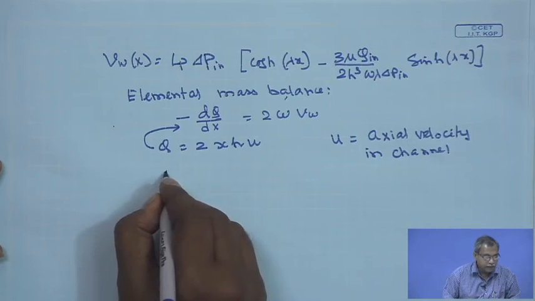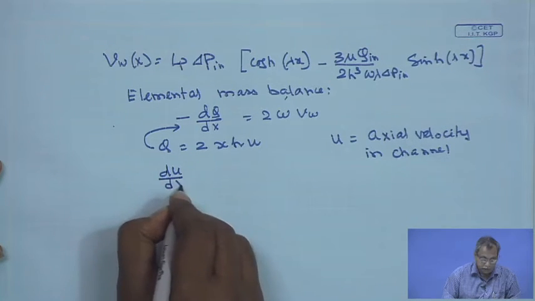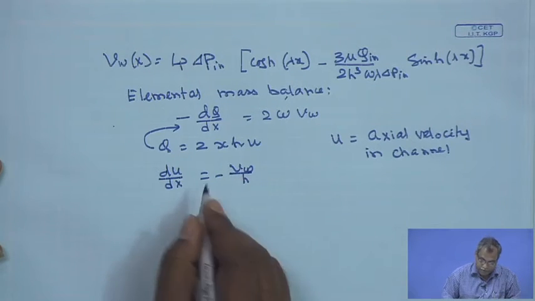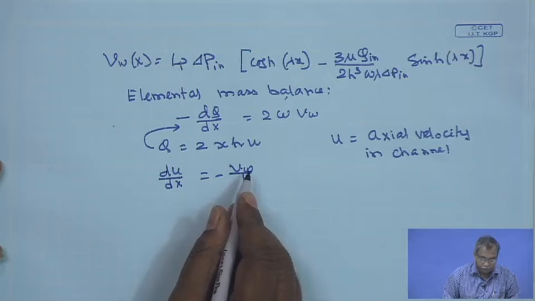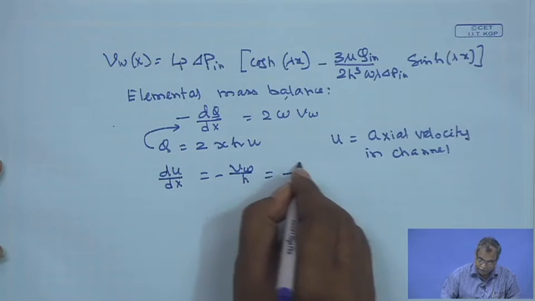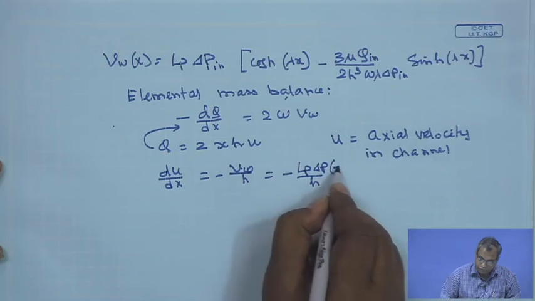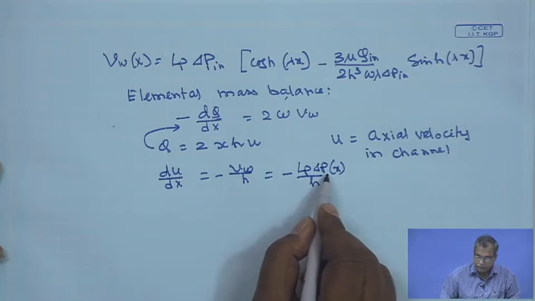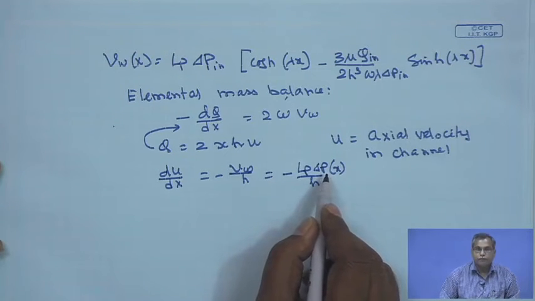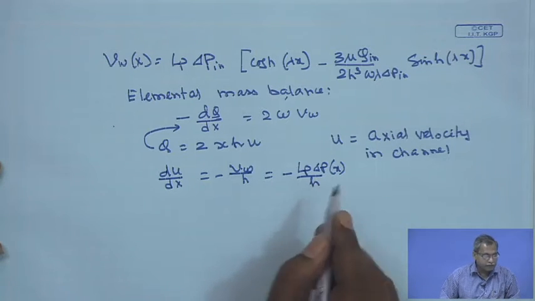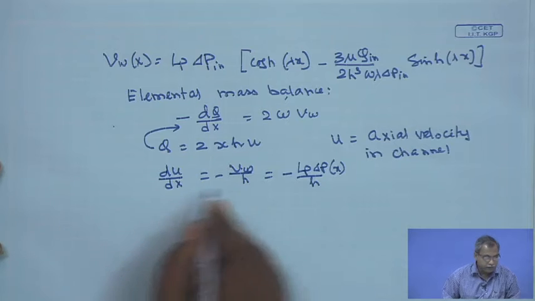So, you will be getting du dx is equal to minus V w over h, and we know the expression of V w. V w is nothing but minus L p delta p divided by h, where delta p will be a function of x, and we have already calculated how the profile of pressure drop varies along x. So, we will be substituting that over here, and then you can integrate over u.